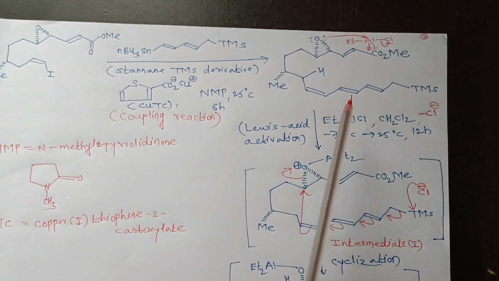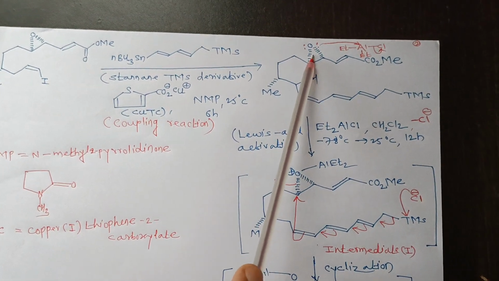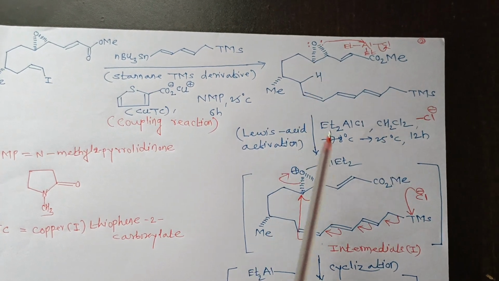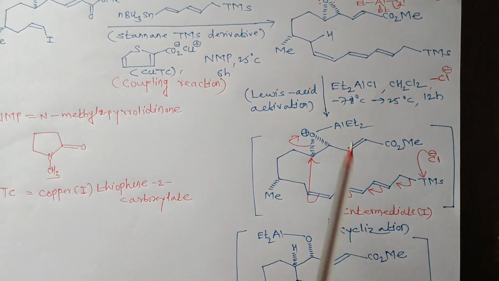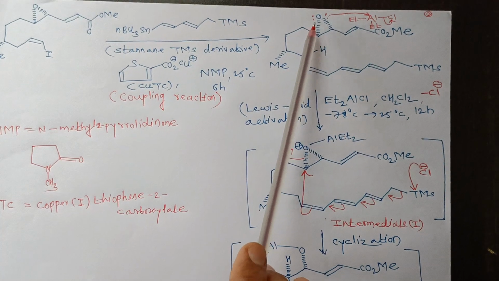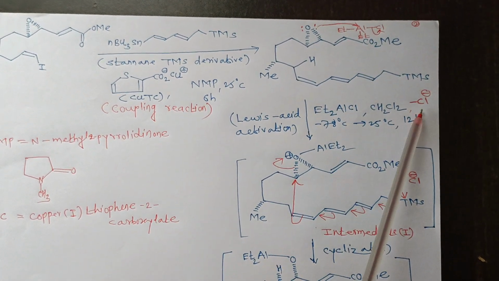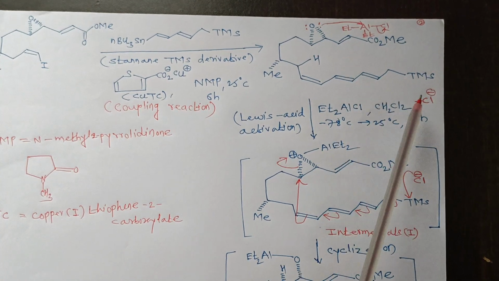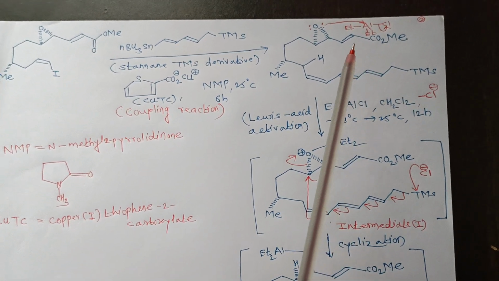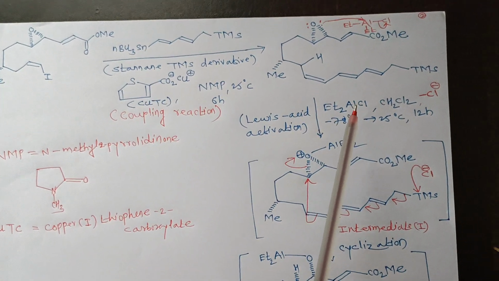there is activation of this oxygen of the epoxide, and there is formation of an intermediate first, so that the lone pair of electrons on oxygen will react with aluminum. There is loss of Cl minus. So this is a simple Lewis acid activation reaction.